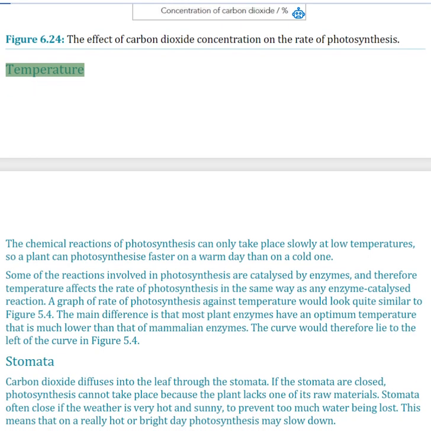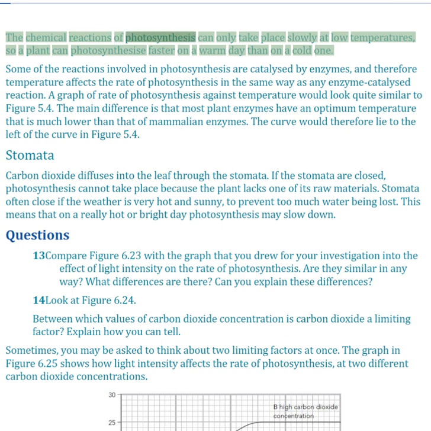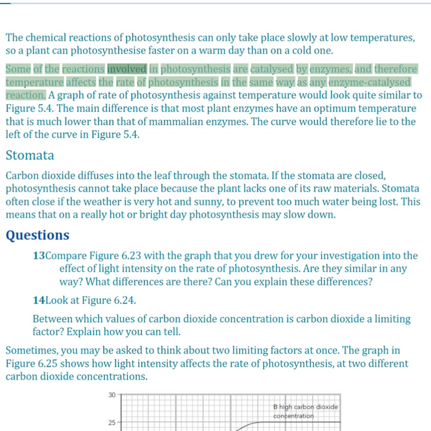Temperature. The chemical reactions of photosynthesis can only take place slowly at low temperatures, so a plant can photosynthesize faster on a warm day than on a cold one. Some of the reactions involved in photosynthesis are catalyzed by enzymes, and therefore temperature affects the rate of photosynthesis in the same way as any enzyme-catalyzed reaction.